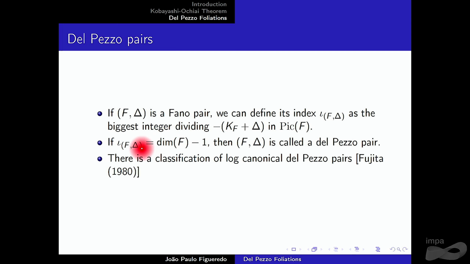So the index of K_F plus delta is the same as the index of the canonical of the foliation. So this pair will be a Del Pezzo pair. And it happens that there is a classification of log canonical Del Pezzo pairs by Fujita. So we classify all these possible log leaves if the singularities are log canonical.